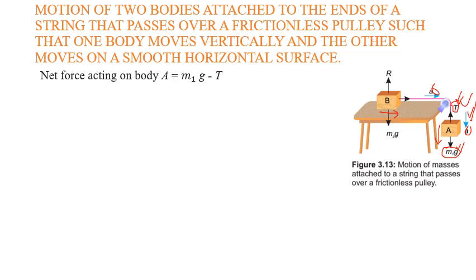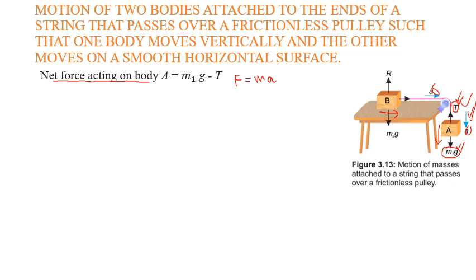Now let us remind ourselves what the second law of motion is. The second law of motion says that the net force acting on a body will be equal to ma. Net force, let's say denoted by F, will be equal to ma.